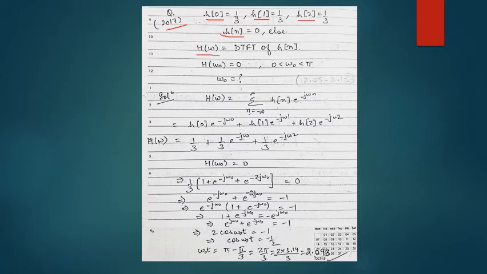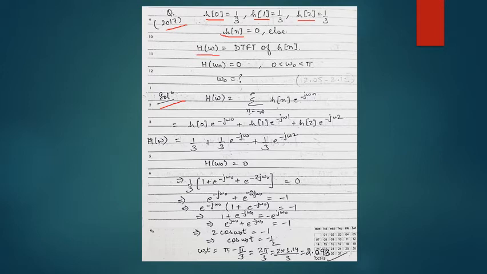Now, using the formula for the discrete time Fourier transform, we have to find H of omega. As you know, the formula is the sum from n equal to minus infinity to infinity of h of n e raised to the power minus j omega n. This we did earlier.